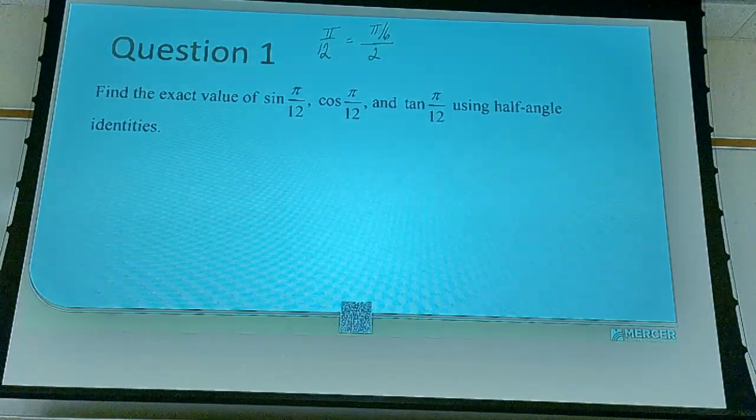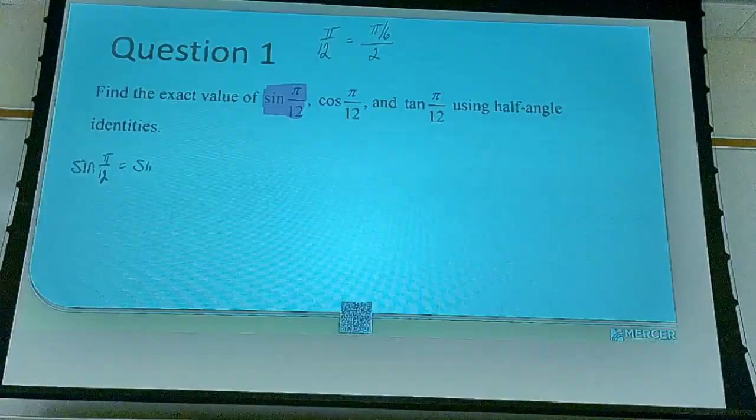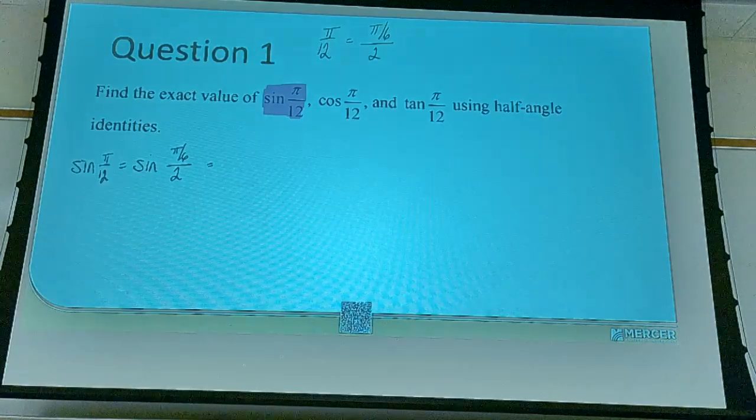So pi over 12 is half of pi over 6. Pi over 12 is in the first quadrant.